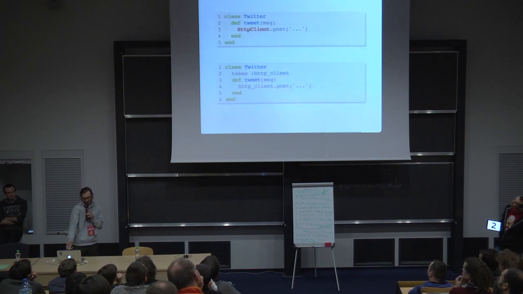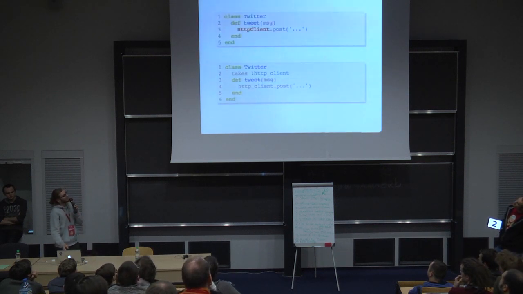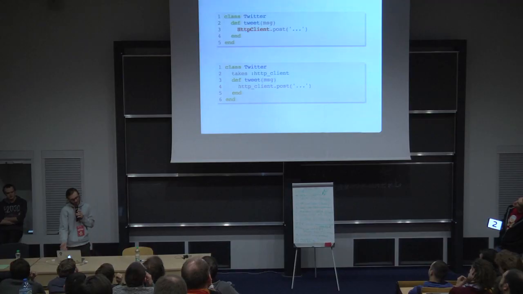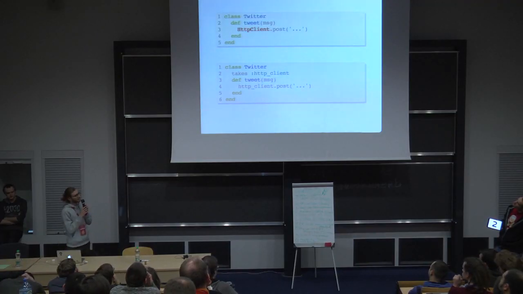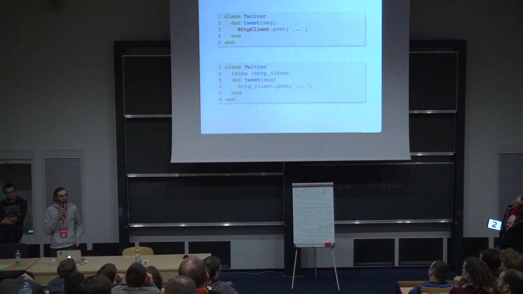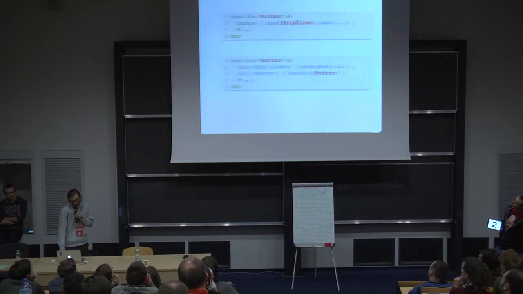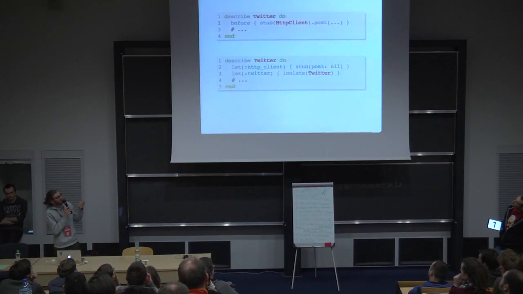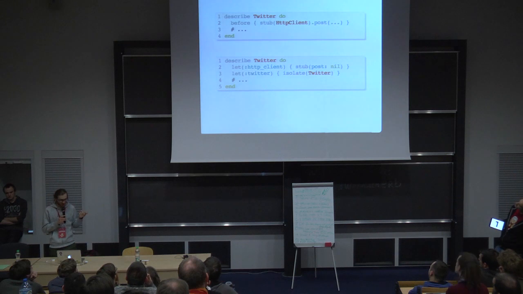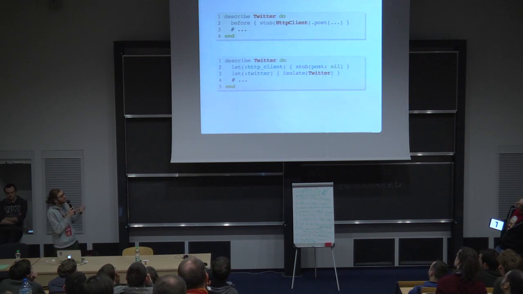In the first case, we are coupled to the name. In the second example, we just have one more line where we declare all the dependencies, which I think is quite a good thing when we know what the other entities are that our system talks to. And in tests, in the first example, we need to stub on a constant, which is not a good idea.